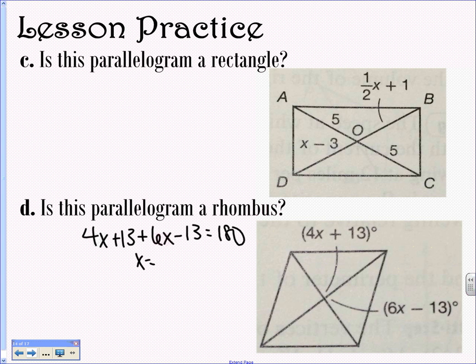And then x equals 18, and this angle is 85, and this one is 95. That would work too. Either way. Because if you plugged it back in, what would you get? So that obviously doesn't work. Either way it'd work.